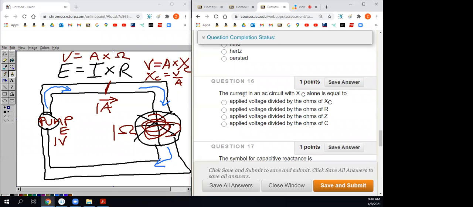Okay, so that's for the current. I was getting confused. Okay, the current. So if we solve this for current, current would be the voltage divided by capacitive reactance. You understand that? Yeah.